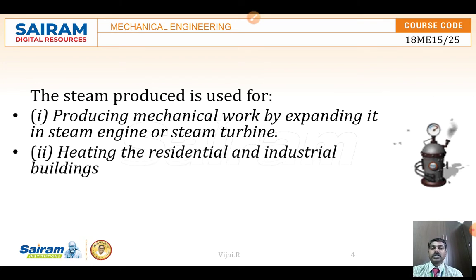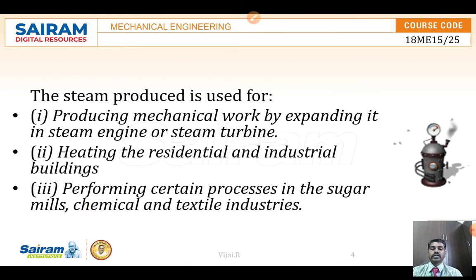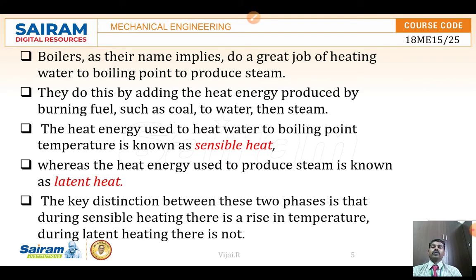The steam is supplied to mechanical devices so that they can be operated, and it can be used for producing heat in industrial or residential buildings to make the room warmer. It is also used in certain industrial processes like textile, sugarcane and chemical industries, where steam is a very major part of the industry.